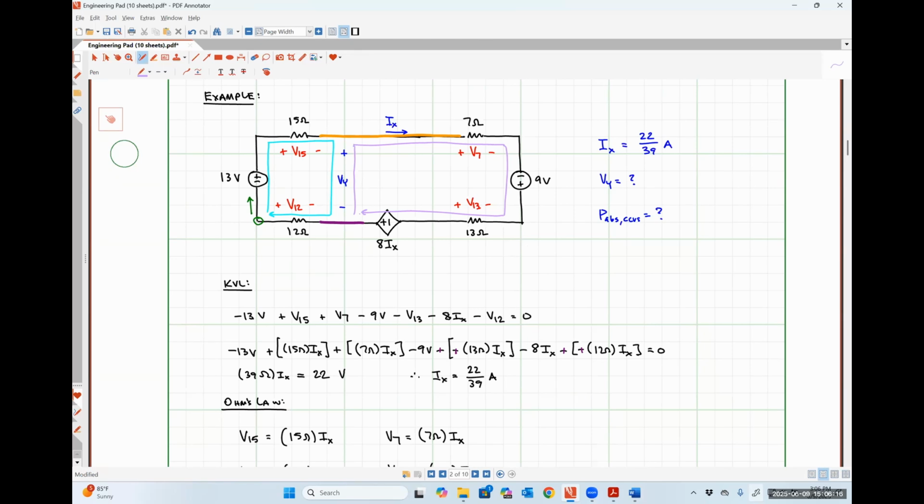So if Vy is on the right side of the 8Ix, you would include 8Ix in your KVL? So if Vy were moved elsewhere, like on the right side of the current controlled voltage source? Yeah, so if, let me erase this stuff here really quickly.